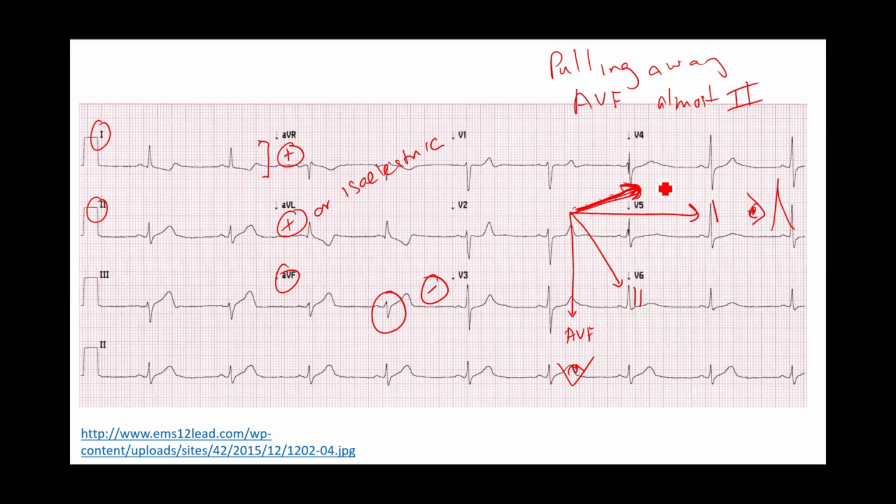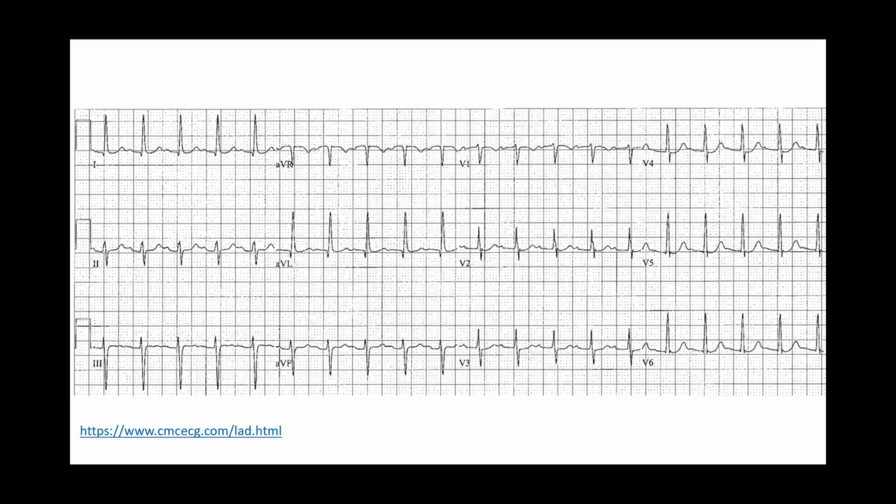Well, the axis is somewhere between 0 and negative 30, which is still normal, but it's definitely going more towards the left axis side. So it would be fair to call this either a normal axis or a mild left axis deviation. Okay, take a moment and try this one out.